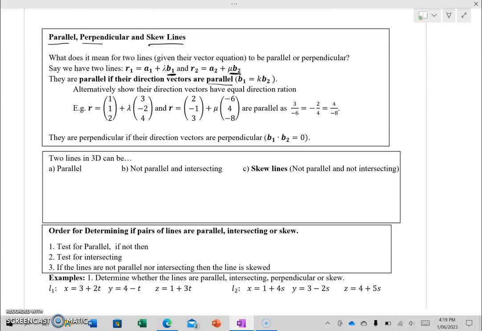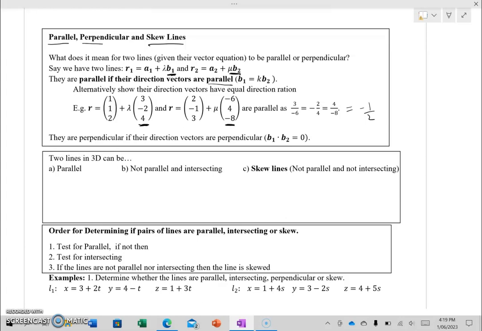Here's an example where I've got two lines, and if you look at the direction vectors, we can take the ratio of the x components, the ratio of the y's, and the ratio of the z's for the two direction vectors, and we see we get a common ratio of negative a half. So therefore they'll be parallel.